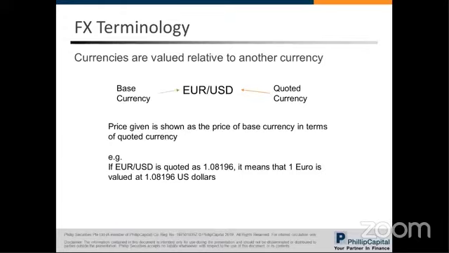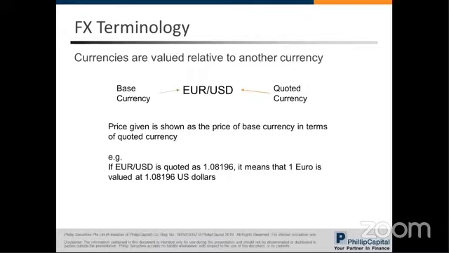In this case, EUR/USD means that when you quote this currency, they give you a number, for example 1.08196. What it means is the price of €1 is valued at how much in USD. To give a formal definition, the euro is considered the base currency, and the USD, which is after the slash, is called the quoted currency.